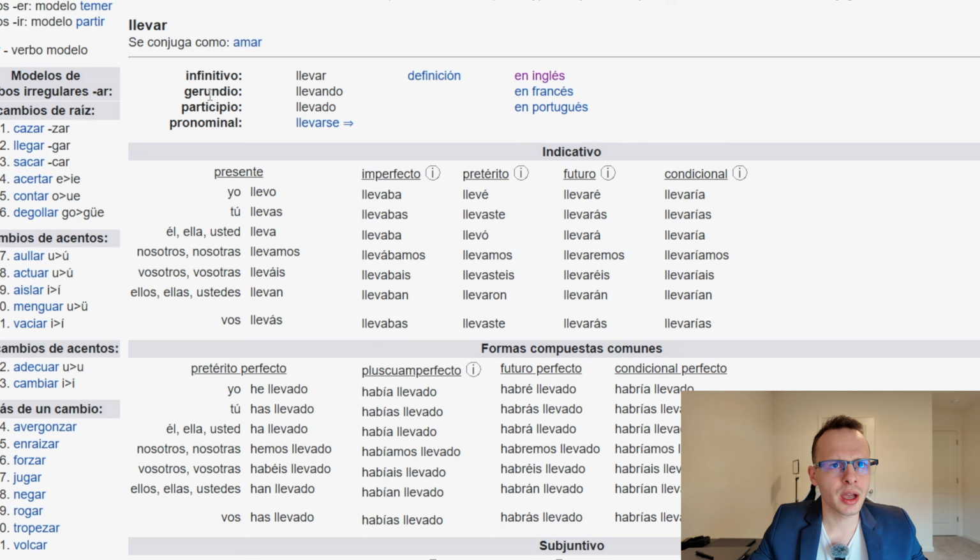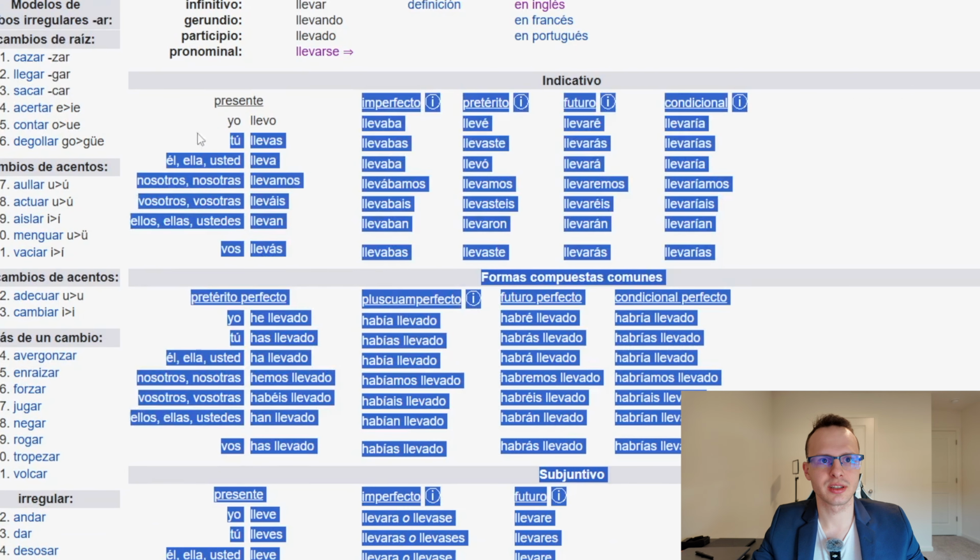Okay, so llevando is the ing version of a verb, like when you're doing something. So in this case, if the verb is take, llevando is just taking with that ing ending. This is the past participle version, which means like taken, or to have taken. So that's what that means, but what we're really going to focus on is all of this stuff right here.